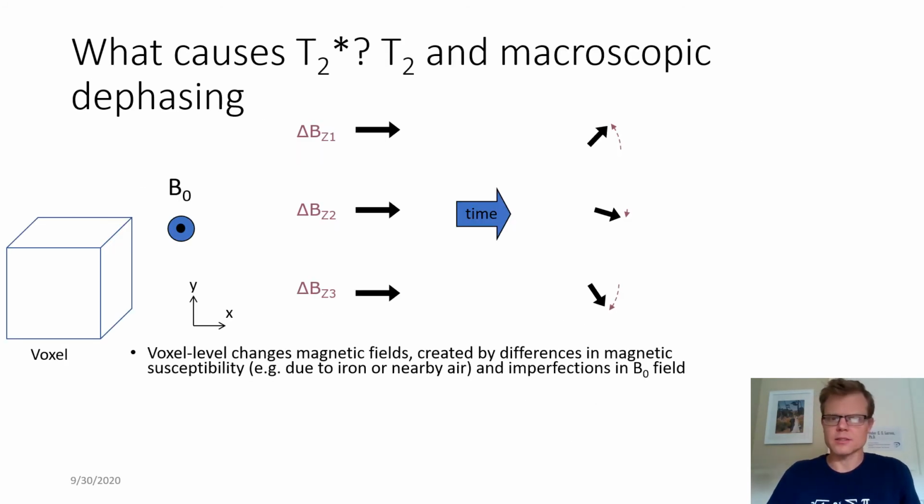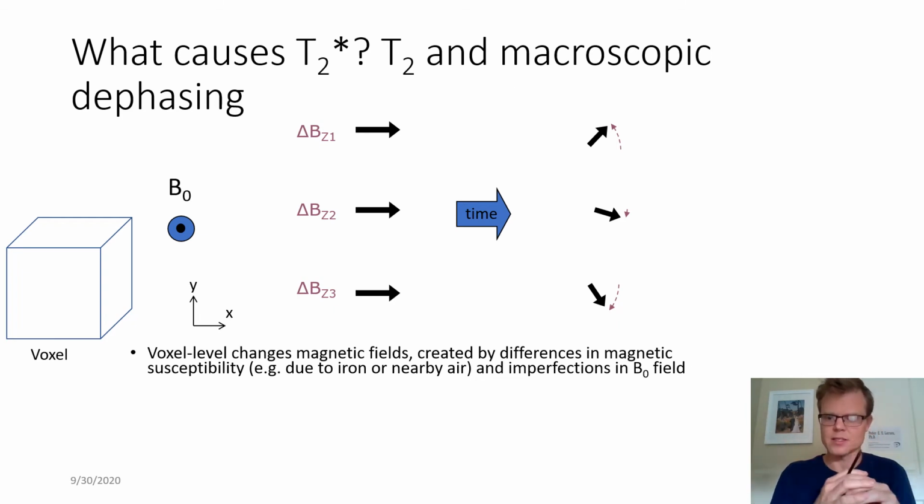So what causes T2*? Again, it's T2 decay plus this macroscopic dephasing. I've taken the same illustration, and we can use this to understand T2* as well. But now I've specifically drawn this not as the individual spins, which is the level at which T2 happens, but as net magnetizations, and it's a larger scale.